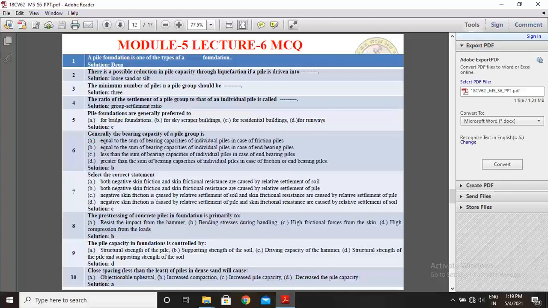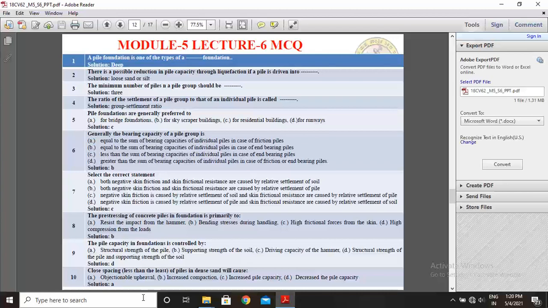Next, after the completion of all the discussions, some MCQs are given. These MCQs are adopted from the earlier slides, from different questions asked from session 1 to session 5. Out of those, some questions are picked up and prepared here.